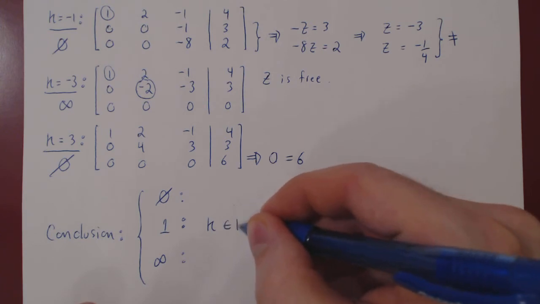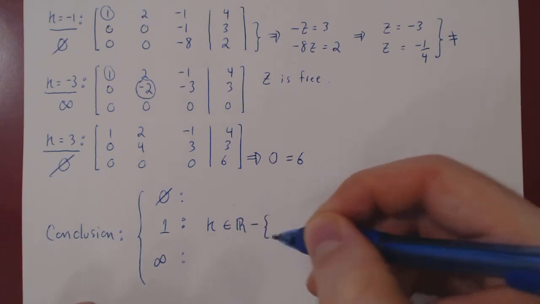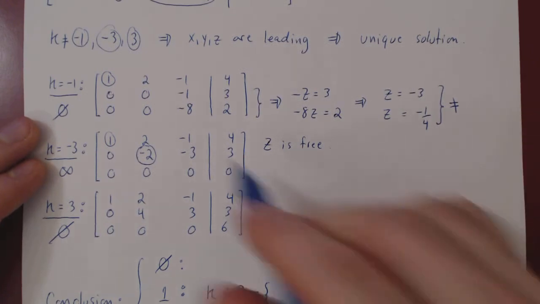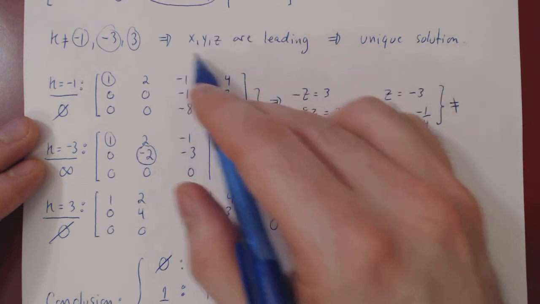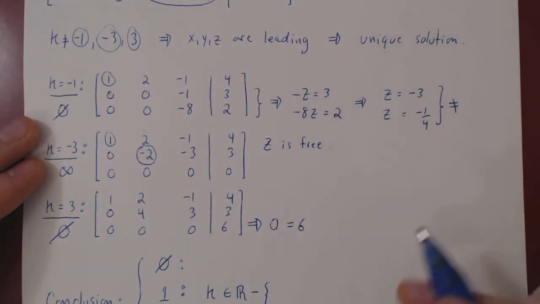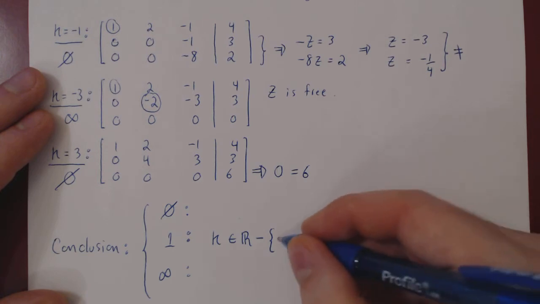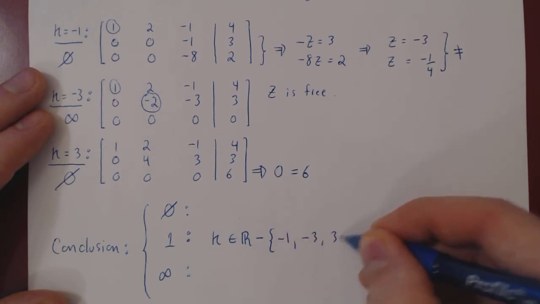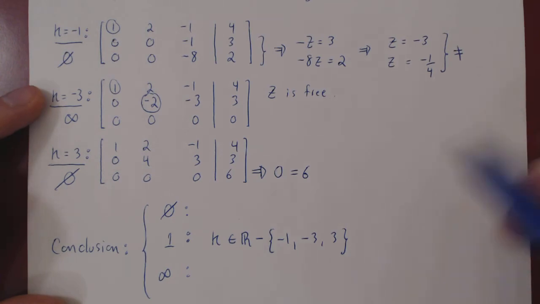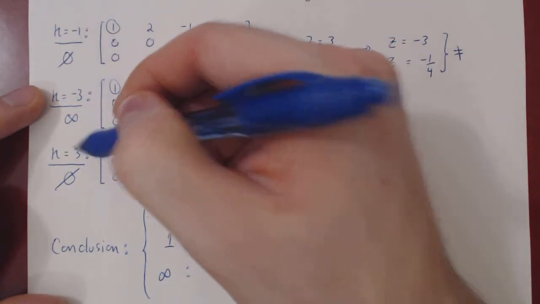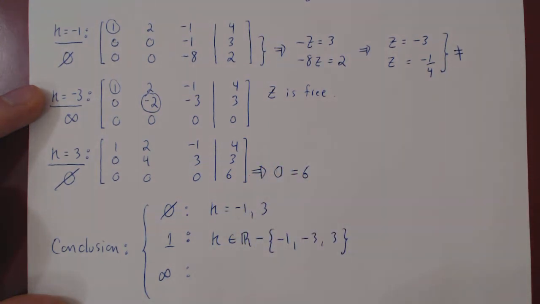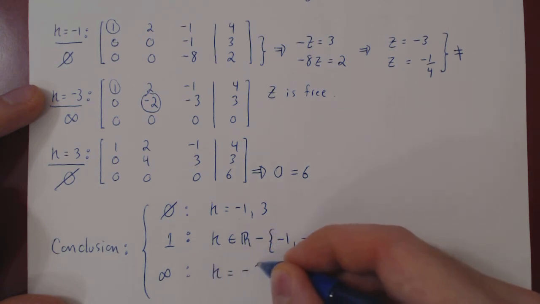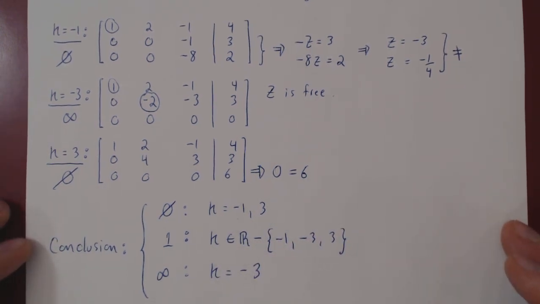K can take on any real value except for the three exceptional values, which are -1, -3, and 3, because for this case, the three variables are leading and implying a unique solution. We have no solution when k is -1 and 3. And we have an infinite number of solutions when k is -3. And this is our conclusion.